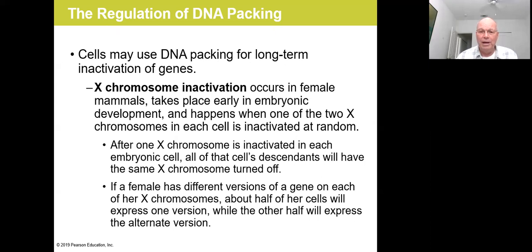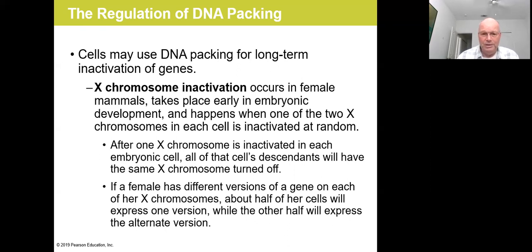So each cell will randomly have 1 of the 2 X chromosomes inactivated, but each cell may have a different X chromosome inactivated compared to its neighbors. It really depends. But we do know that the daughter cells of each of those cells are going to inherit the same X chromosome inactivated, which means when you take a look at a female mammal, it's possible that different groups of cells scattered throughout the body of that individual are expressing different genes according to which X chromosome was inactivated.